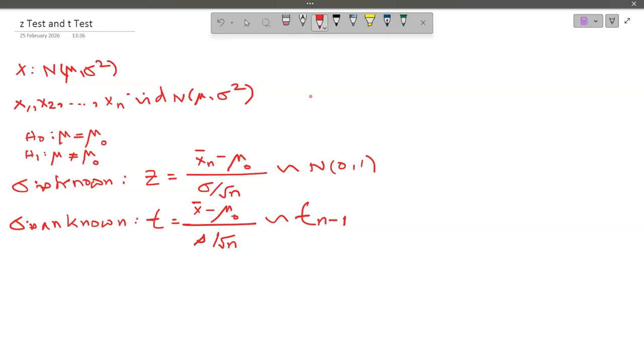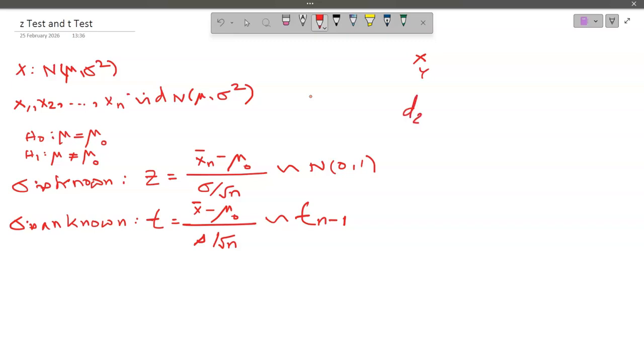Now this gets extended in many ways. Suppose we are considering two variables X, Y. There could be several sub cases, like they are paired observations.